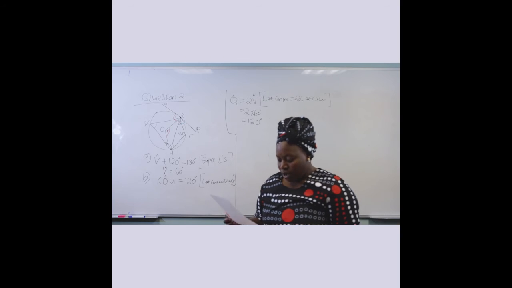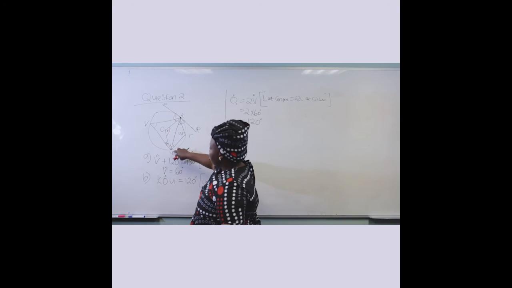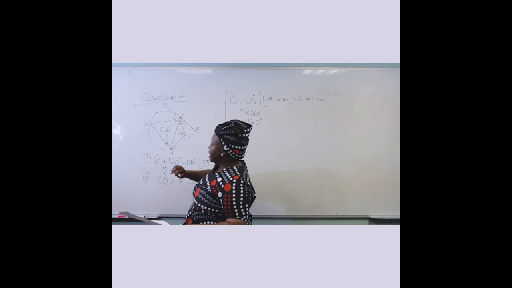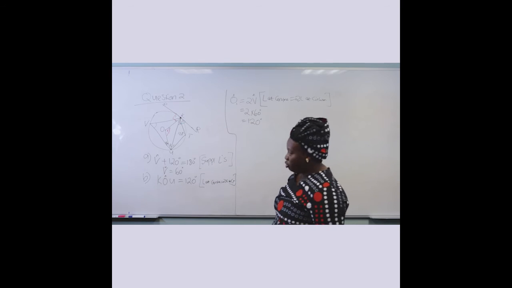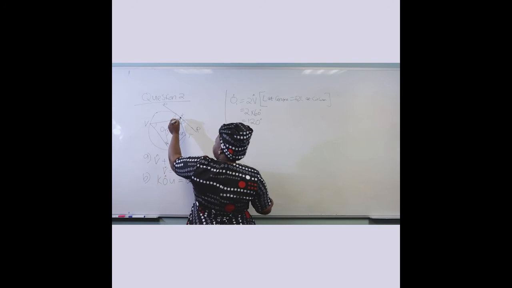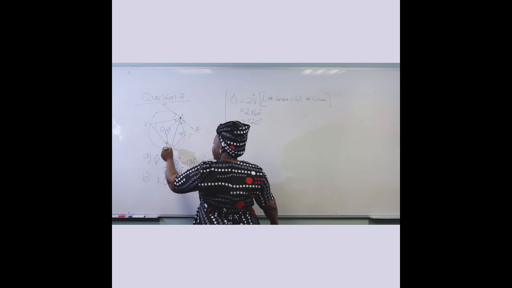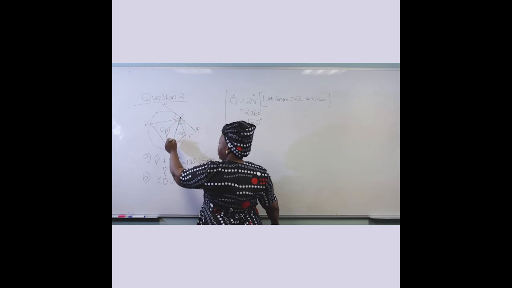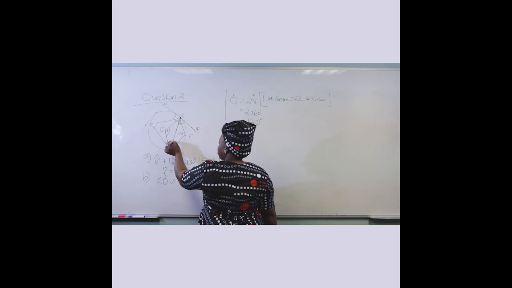Okay. The third one, they said UO, this is UO, it's equals to OK. Those are the radii. And if that's the case, what will be U2 equals to? Now, if you look at what we are talking about here, it is this line UO and OK. So this is the triangle we are dealing with now. And they say, what other angle can be equal to this one?